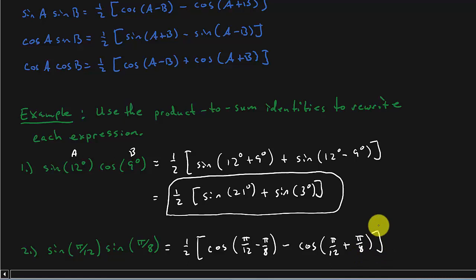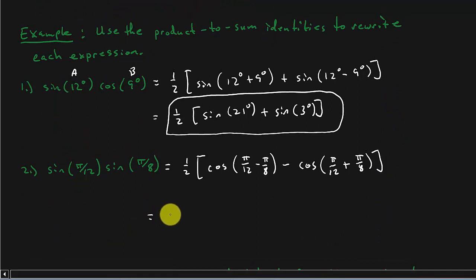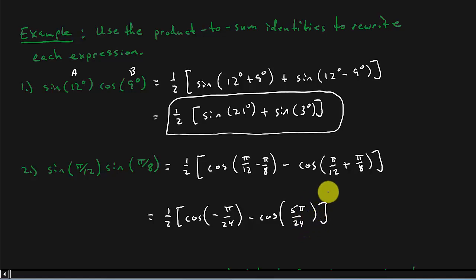And that's all there is to it. And so this is going to be 1/2, and that's going to be cosine. And then we have pi over 12 minus pi over 8 is negative pi over 24 minus cosine of, that's going to be 5 pi over 24.